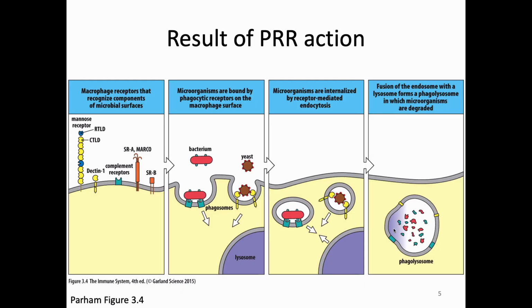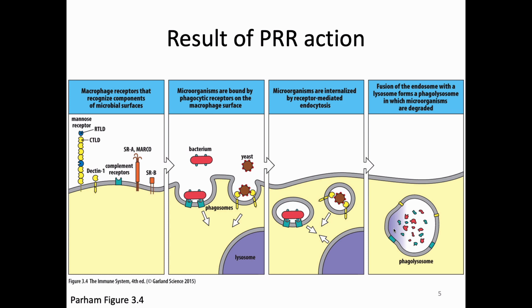One of those things is pretty similar to things you've already seen, which is that if our macrophage, which has, you can see, many PRRs, binds to a microbe using one of those PRRs, we're going to see phagocytosis of that microbe so that the microbe can be internalized and destroyed.